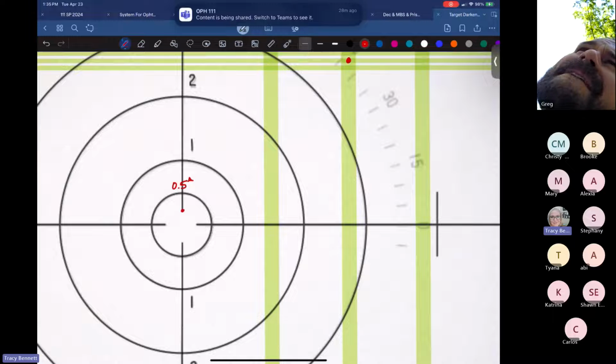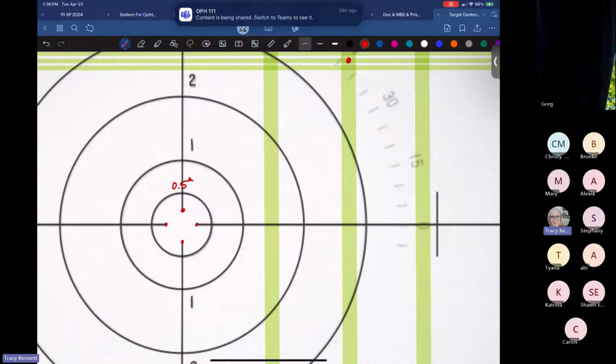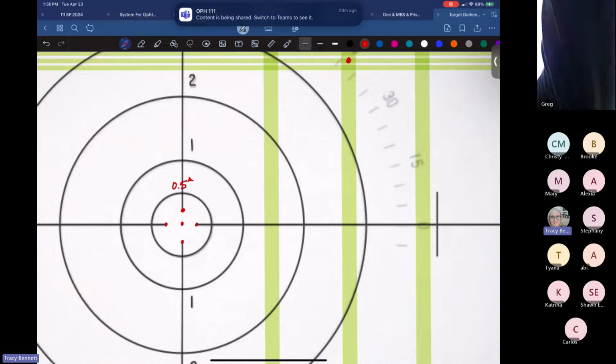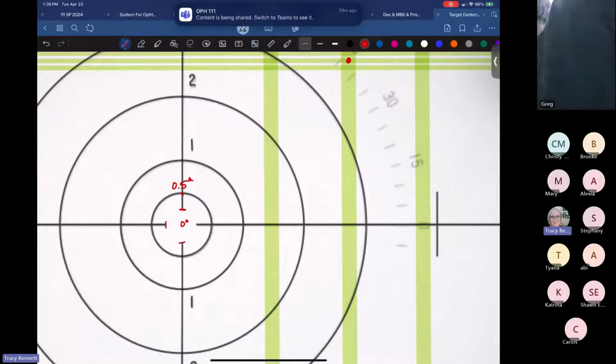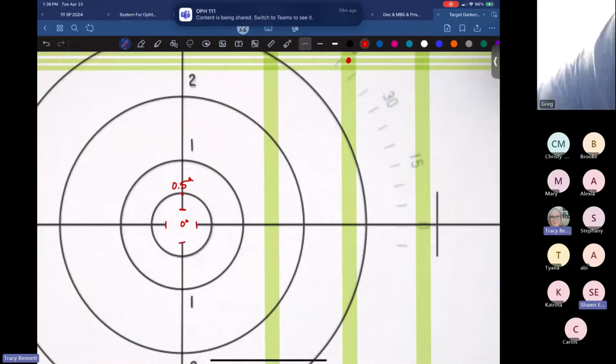The very beginning point of each of these little hash lines actually represents that we're halfway between that center. So this is a half, this is 0. So what do you think this very nub right there at the end is? If this is 0 and this is a half, and right in the middle, what do you think it is? 0.25. Very good. Quarter.